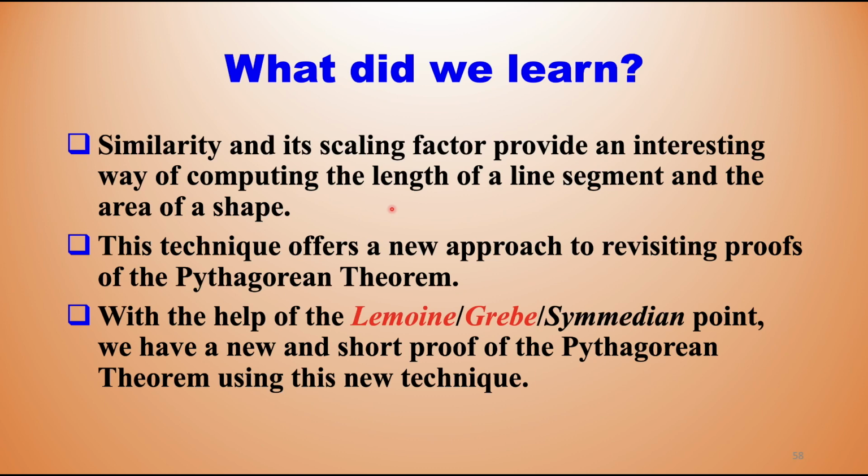We took several old proofs from Loomis' book and also offer a new proof. With the help of Lemoine, or Grebe, or symmedian points, we have a new and short proof of the Pythagorean theorem using this new technique.